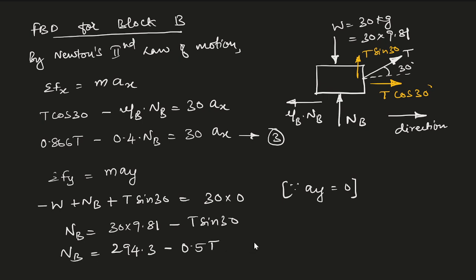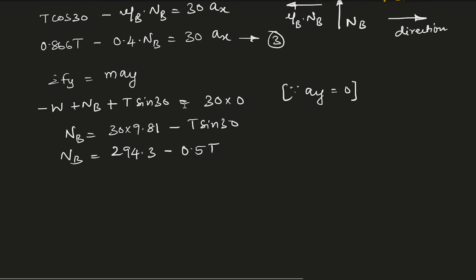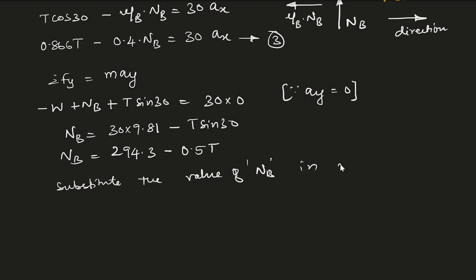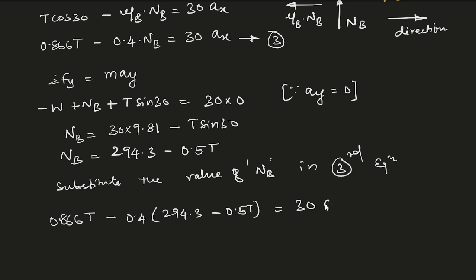So you can substitute the value of N_B in the third equation. So we get 0.866 T minus 0.4 into (294.3 minus 0.5 T) will be equal to 30 a.